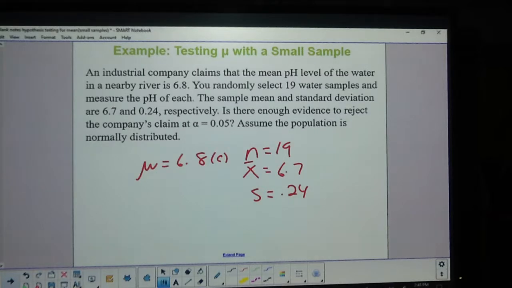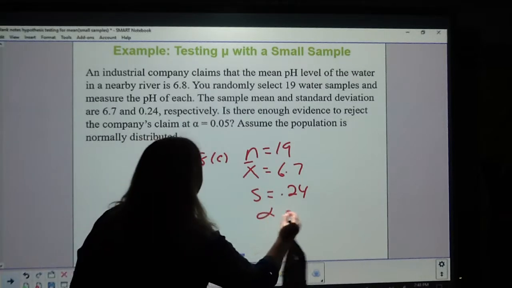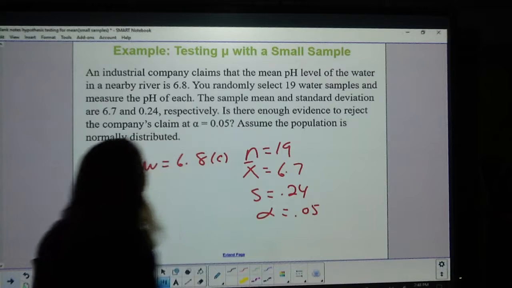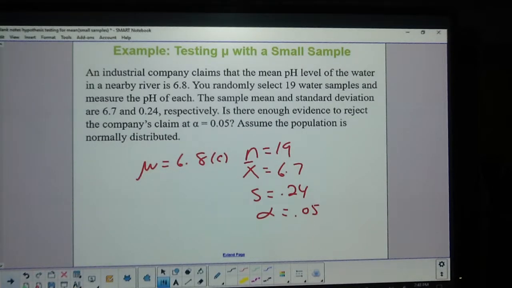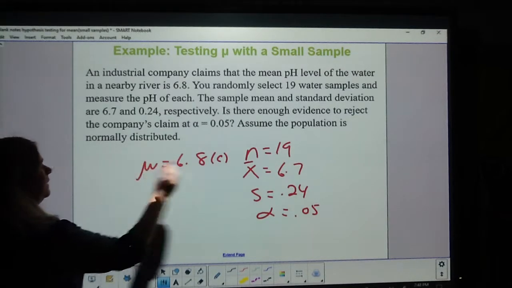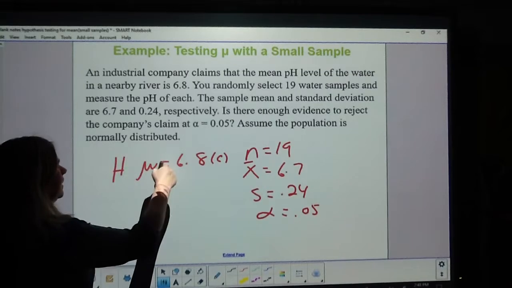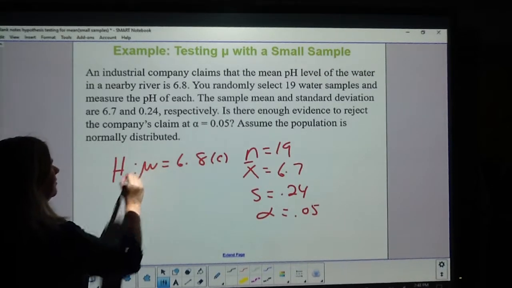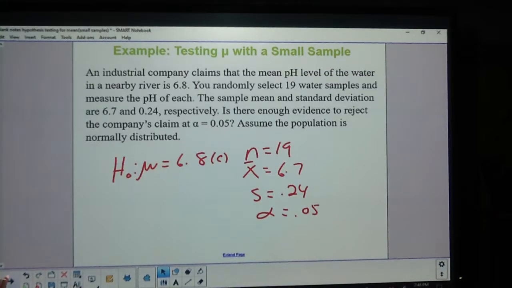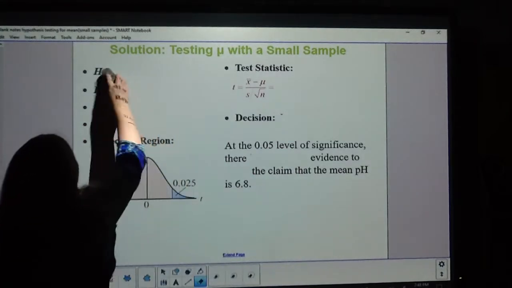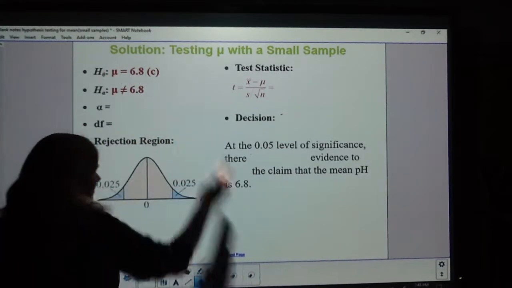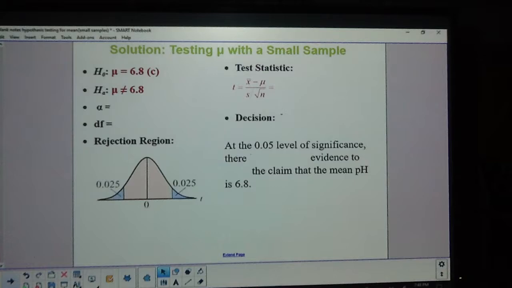Is there enough evidence to reject the claim, alpha equal to 0.05? Okay, so now looking at this: equality, claim, equality, H sub 0. So equal to is the H sub 0, not equal to is the H sub A.